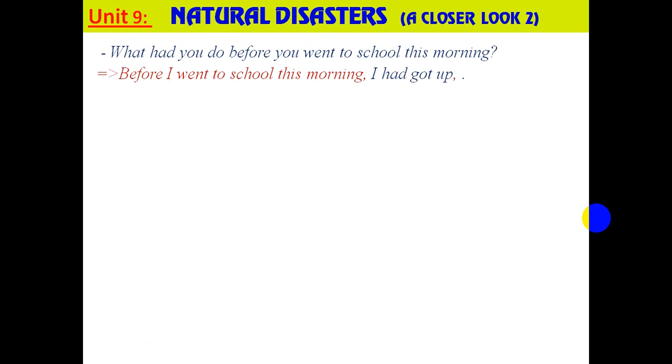Before I went to school this morning, I had got up. I had washed my face. I had breakfast. I had got dressed. Oh, I had breakfast. What do you think about this? The first had is an auxiliary verb, and the second had is past participle in the past perfect tense for passive form.